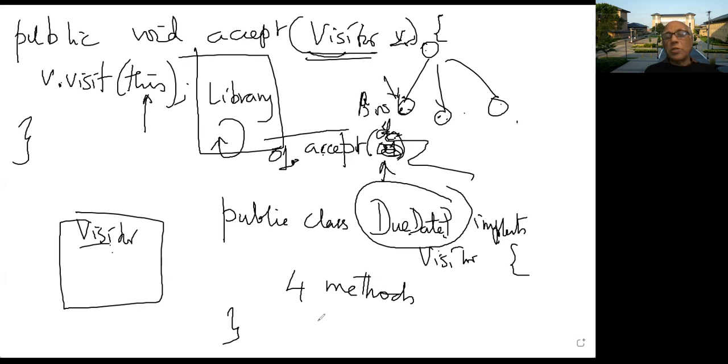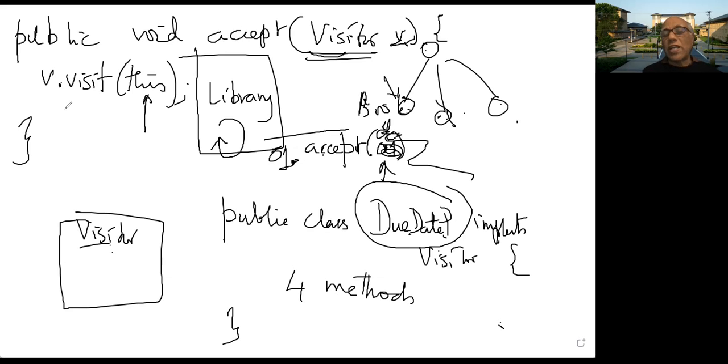It will be going to the corresponding method that has book as a parameter. If this accept method is in the periodical, then it will call the visit method with periodical as the parameter, etc.